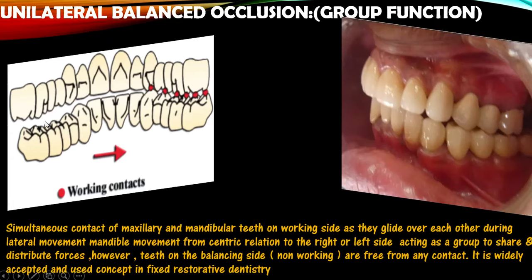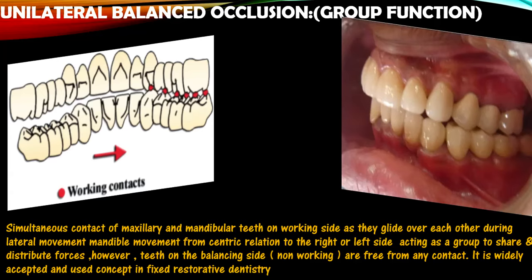When the mandible moves to the right or left side راح يصير عندنا unilateral movement from centric relation to the right or left, the teeth on the working side راح يصير بها contact while the teeth on the balancing side are free from any contact. هذا النوع نسميه unilateral balance occlusion.